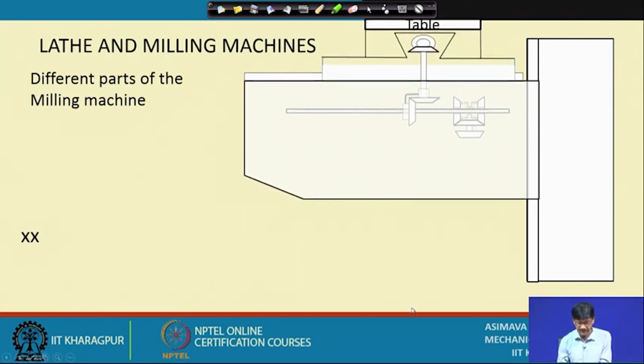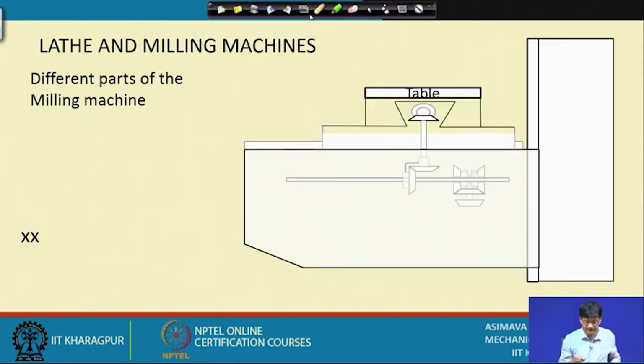That is it. This whole thing is moving up and down, and therein we have a problem. What is this problem? Let us take a hypothetical case that in this place we are having a motor, and from this motor there is a shaft, and from this shaft we are having a connection to another shaft here.